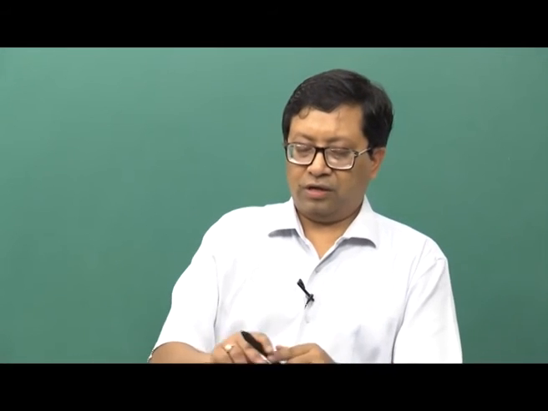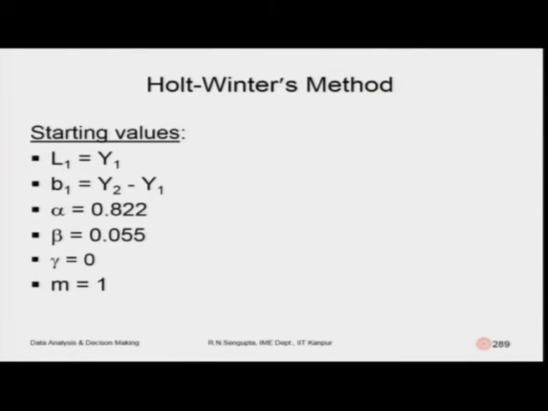For the Holt-Winters method, we consider L1 and Y1 as equal, because that is the starting point that we have to consider. Then we consider two things. For the trend, we consider y2 and y1, the actual values, and the difference between time period 1 and time period 2 is equal, such that B1 is 0.